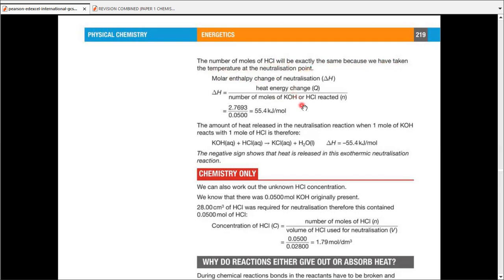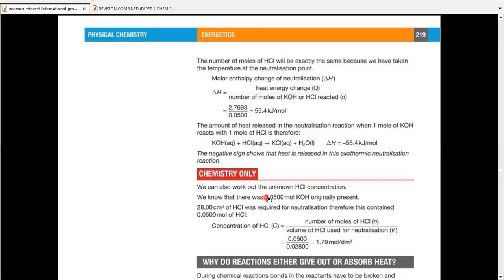So we use that molar value of KOH to divide the overall energy, and we get our amount in kilojoule per mole. So for this exact reaction, the heat given out is 55.4 kilojoules per mole. Since the temperature increased and the heat was given out, it would be shown with a negative sign.